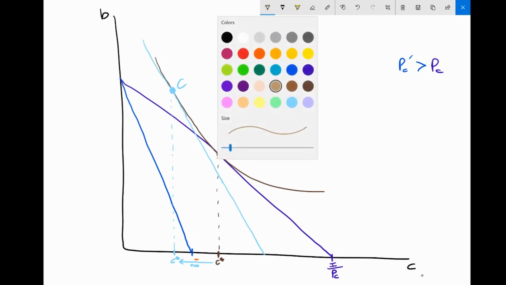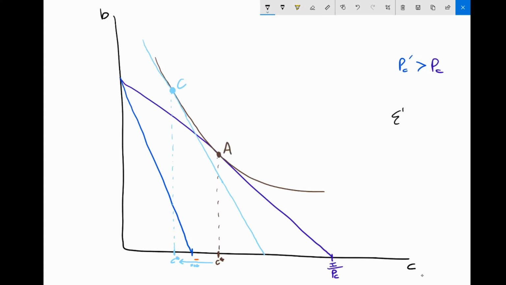Thinking back to elasticity of demand, if you have an inferior good, that means as income goes up, demand goes down. So the alternative would be true: as income goes down, demand goes up. Let's illustrate that.